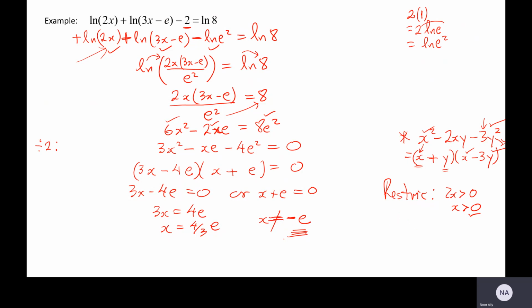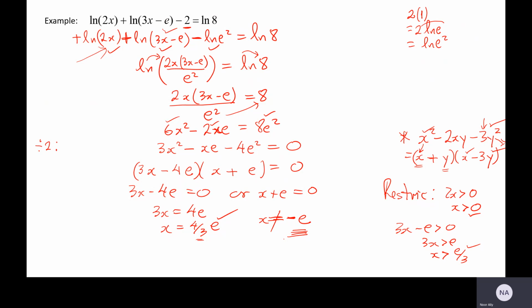What about the next one? 3x minus e greater than 0. Transpose the e, divide, x greater than e over 3. That's e over 3, and this is 4 over 3 e, so I will accept that as the answer.